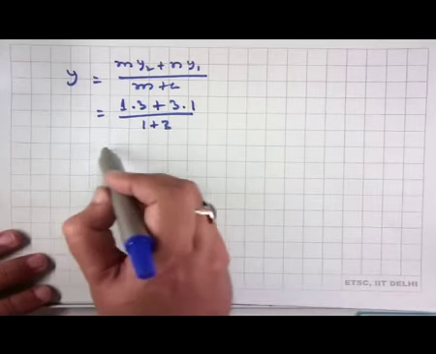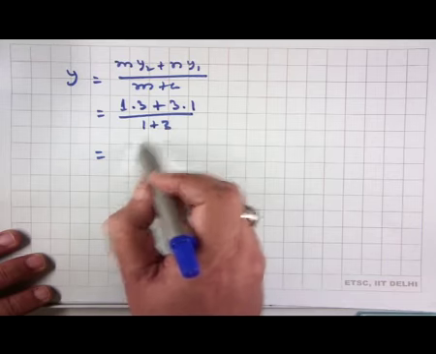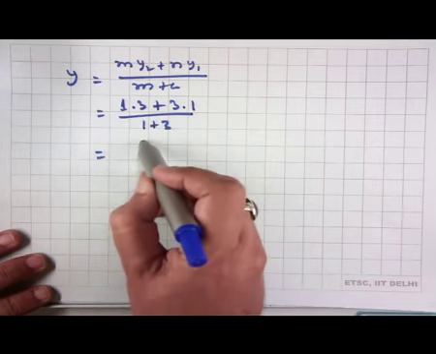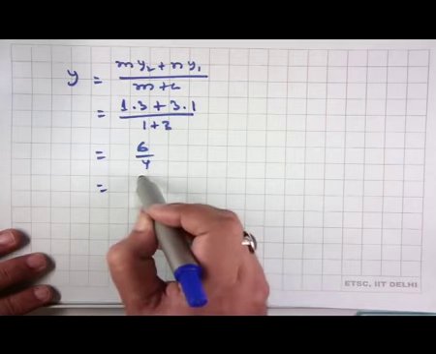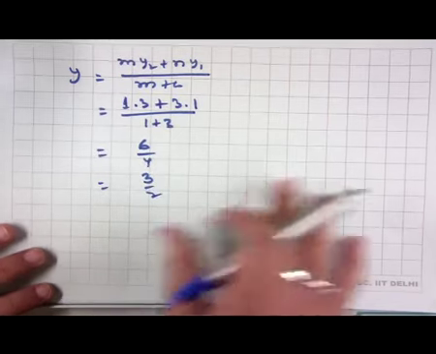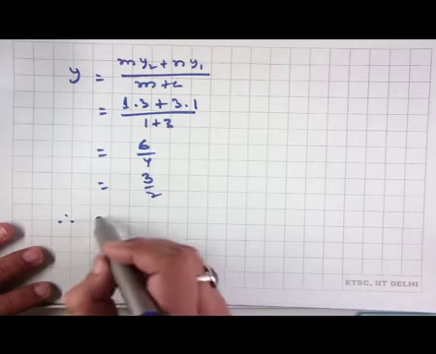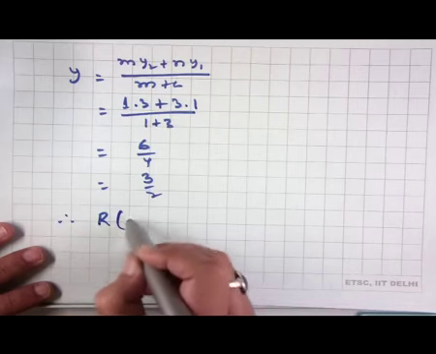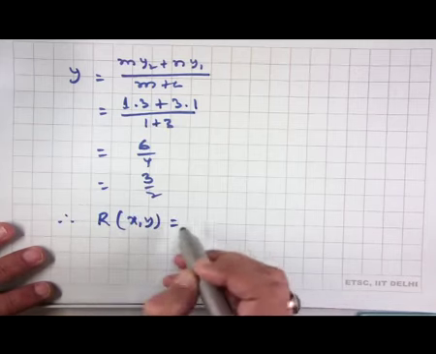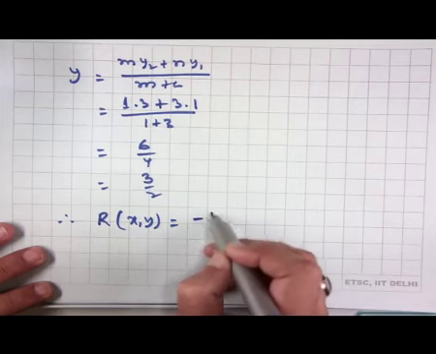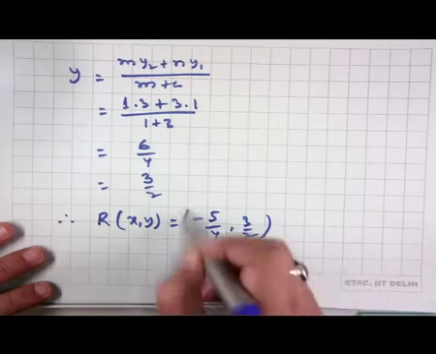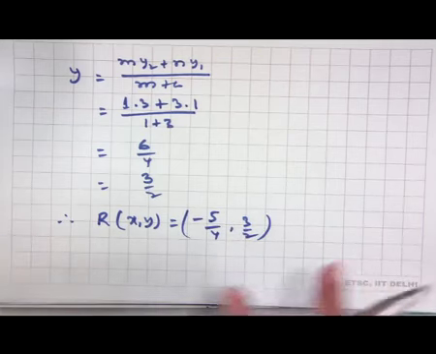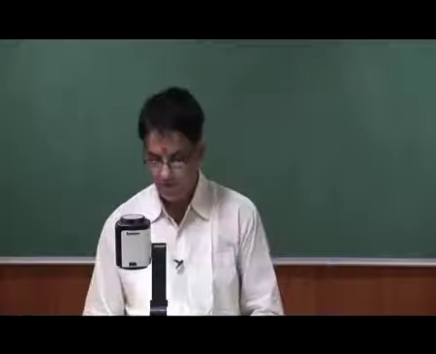So this is 6 by 4, means 3 by 2. So R(x, y) is equal to (minus 5 by 4, 3 by 2). So in this way we can use the section formula.